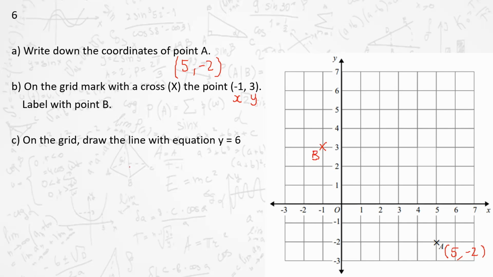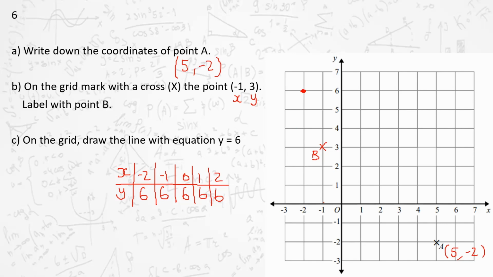On the grid, draw the line with the equation y equals 6. So similarly, this time y is 6. When y is 6, it doesn't matter what x equals. So x is minus 2, y is 6.